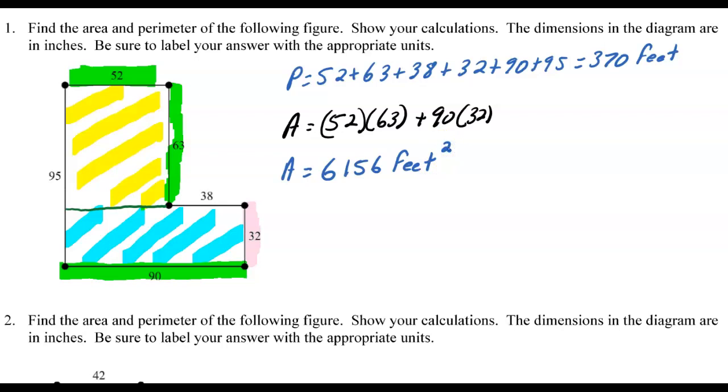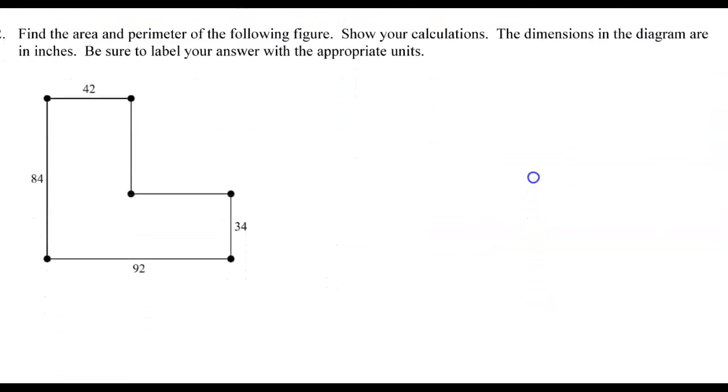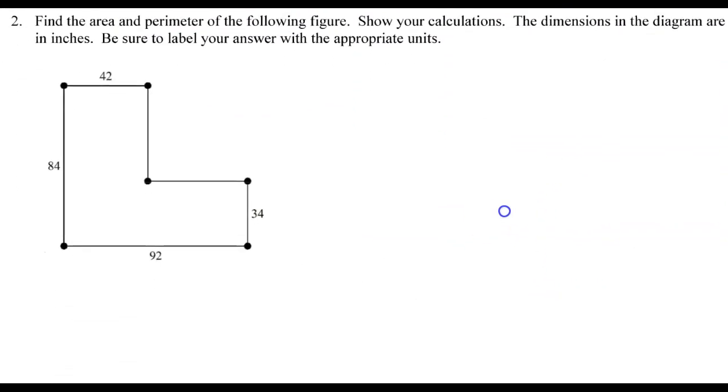Let's take a look at example number 2. It's a little bit different because it's missing some dimensions. So in problem number 2, we're missing this green segment, and we're also missing this yellow segment, but we can calculate that green and yellow segment. So let's look at the green piece first.